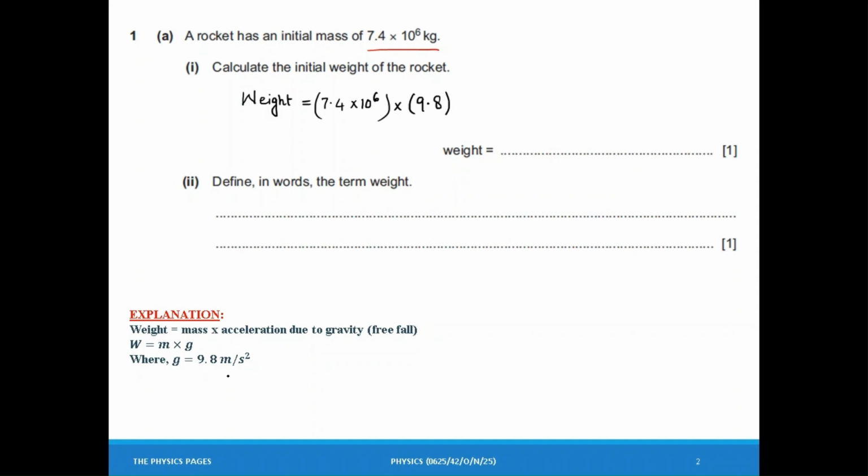We also know that the unit of g is Newton per kg as well. So if we multiply them, 7.4 times 9.8 gives me 7.25 into 10 to the power 7.